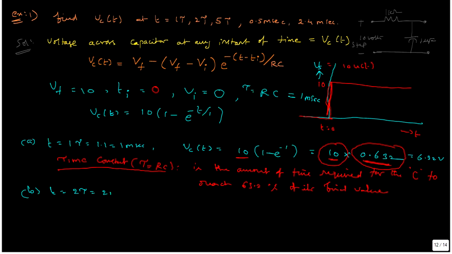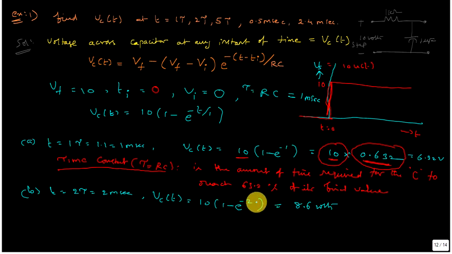Tau means 1 millisecond, 2 tau means 2 milliseconds. By that time, Vc of t is equal to 10 into 1 minus e power minus 2, because t by tau, t is 2, tau is 1, 2 by 1 is 2. So this will be around 86%. So 8.6 volts you will get.